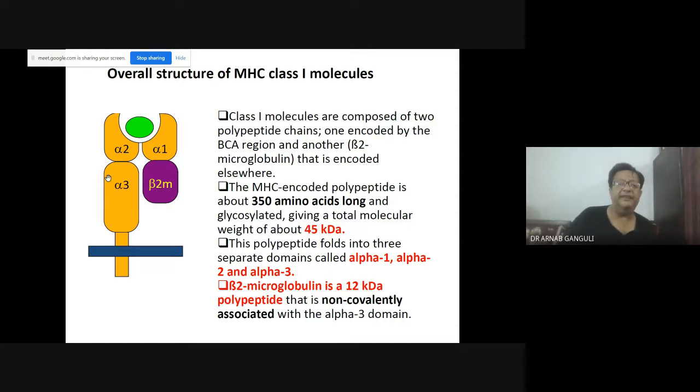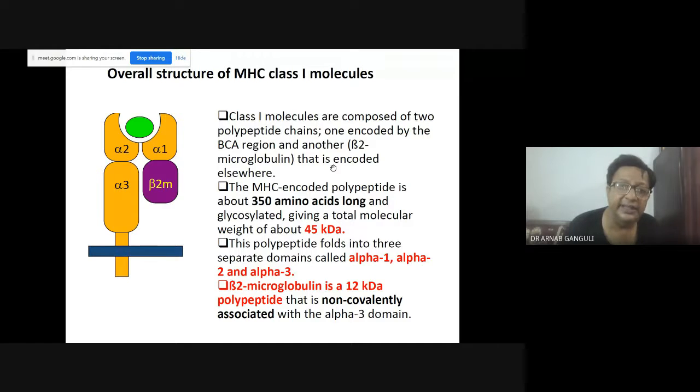Beta 2 microglobulin and alpha are non-covalently associated by other types of interactions with the alpha 3 domain. One thing is clear: one gene encodes alpha 1, alpha 2, alpha 3, and it is encoded by the BCA region.